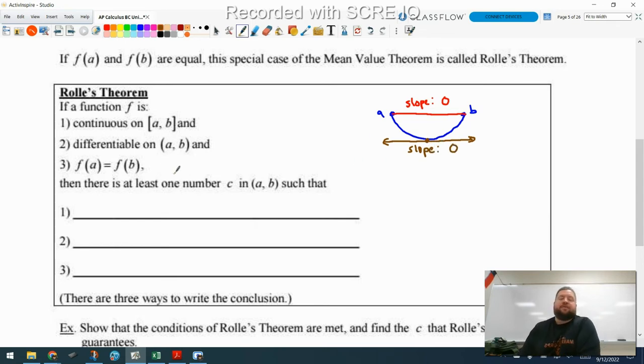So now instead of doing f of b minus f of a over b minus a, we can just say that f prime of c is equal to 0. All right, and then we could say there is a horizontal tangent at c.